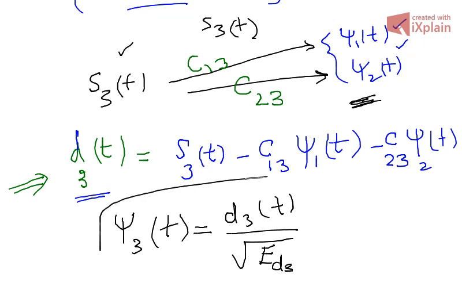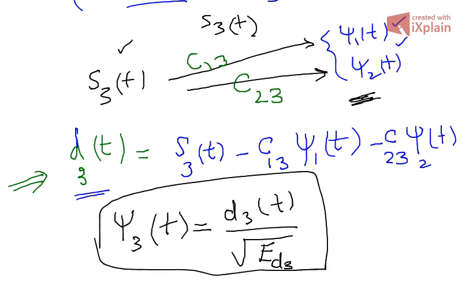We have to continue this process until all the waveforms of the non-orthogonal signal set are utilized, until all of them are exhausted. We have to continue it till the end.